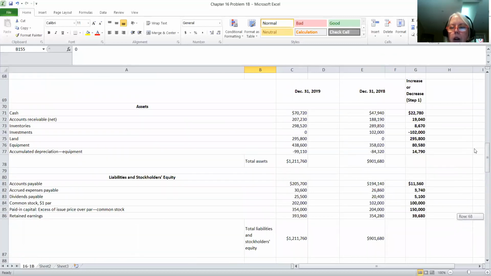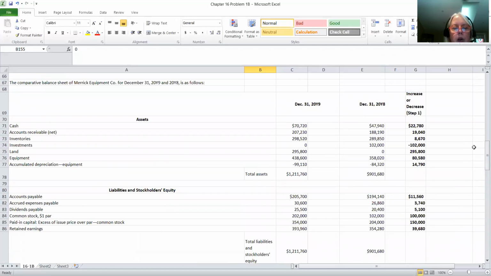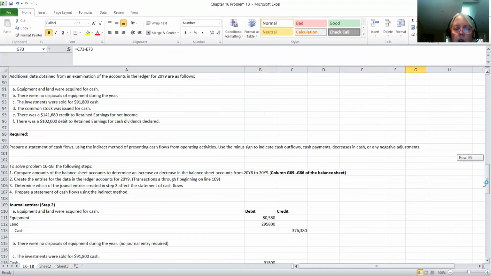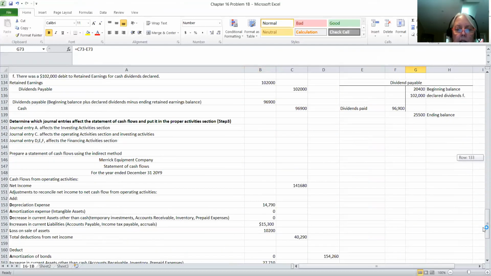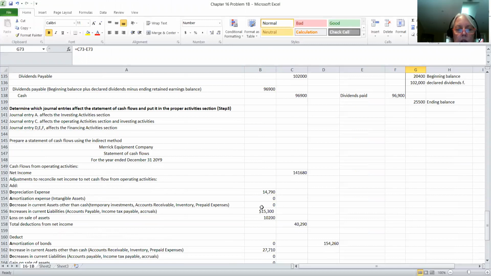So when we compared the balance sheet amounts for our current assets, all of those with the exception of cash, you can see here that accounts receivable increased, and my inventories increased. They did not decrease. So there were no decreases in current assets. So I put a 0 there to reflect that.